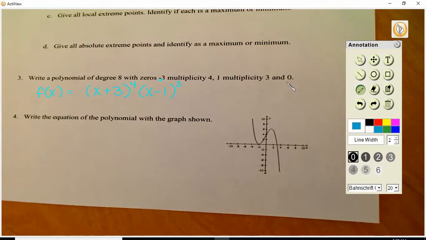If 0 is a 0, what do we put? You put x minus 0, but that's the same as just x, so you can put a plain x. Okay, we said the degree had to be 8. Is this degree 8? Yes. So I met the requirements of 8. I'm done.